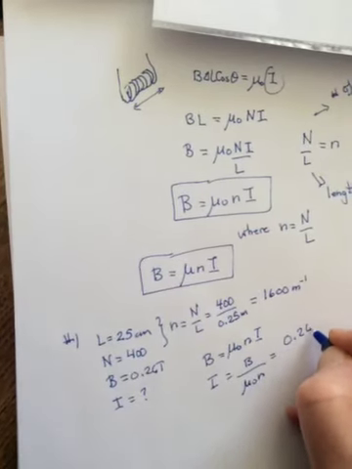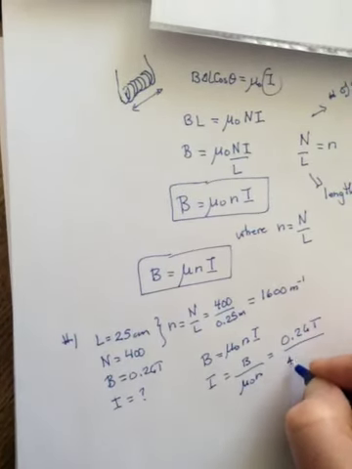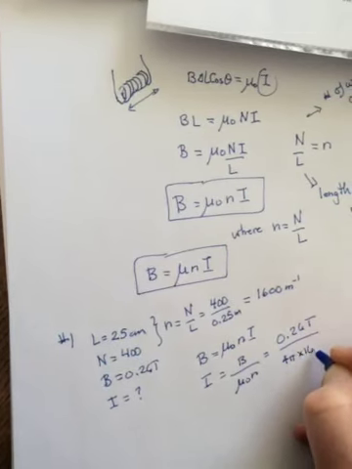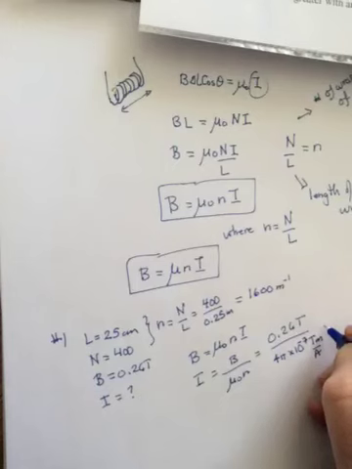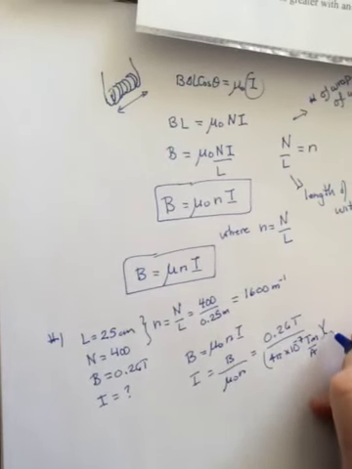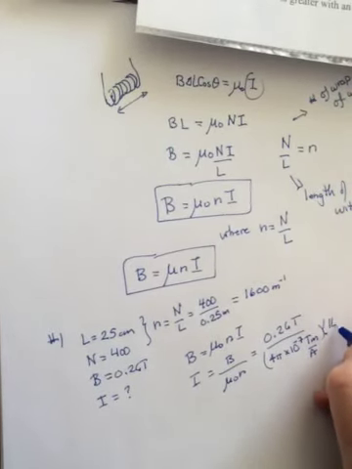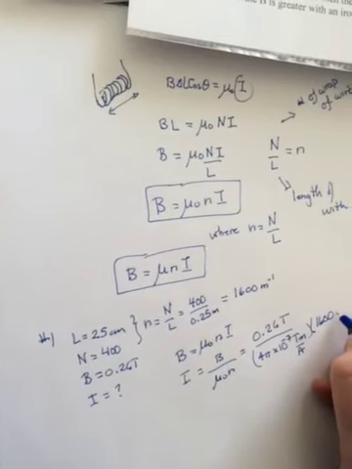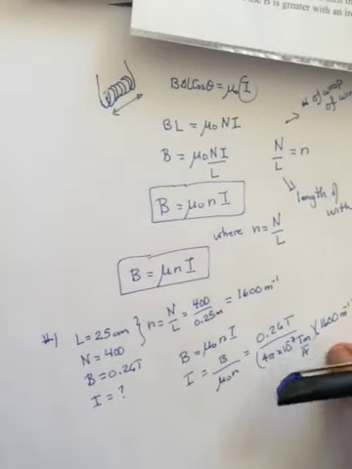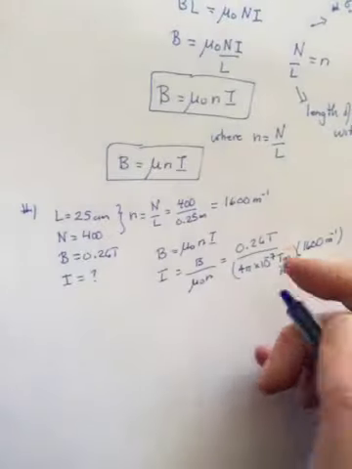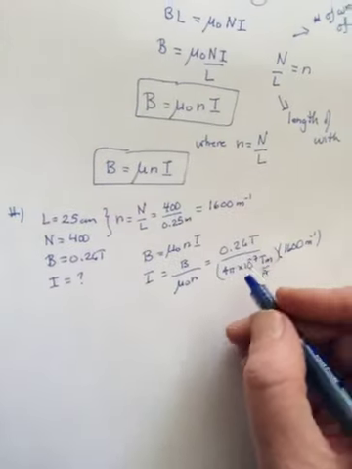So 0.26 Teslas over 4 pi times 10 to the negative 7 Tesla meters per amp, and then that's going to be times our 1600 meters to the negative 1. Now, you have to be careful. You can't type the 4 pi to the negative 7 in your calculator.